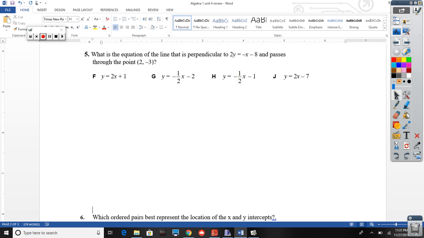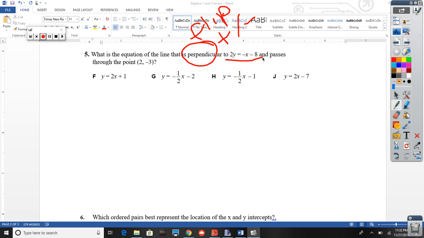Okay, so it says, what is the equation of the line that is perpendicular to 2y equals negative x minus 8 and passes through a point? Same thing, perpendicular, everybody tells you you're going to flip the slope. One of them's positive and one of them's negative. But I don't see the slope here yet, right? If I want to get the slope from that, the y must be by itself.